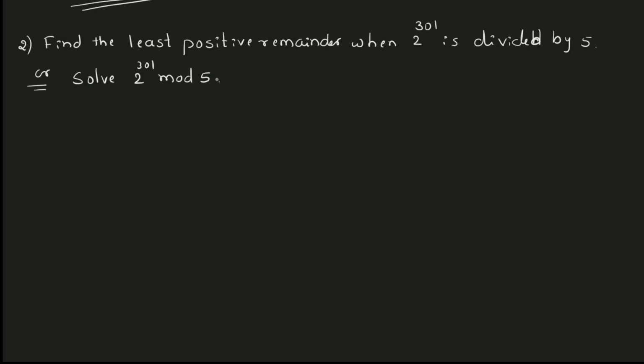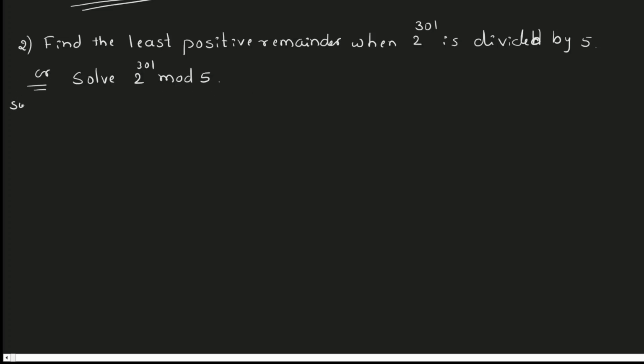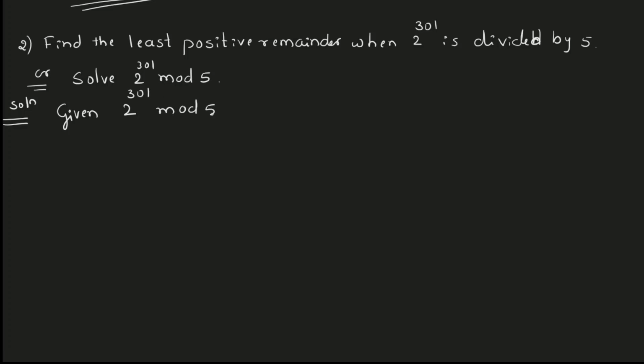As I said before, what you need to do, you have to start with the power 1. Yes, go on solving with me only so that you will know how much you have understood. Now 2 raised to 301 mod 5, what is given? Now, what is the rule? We need to consider base with power 1.